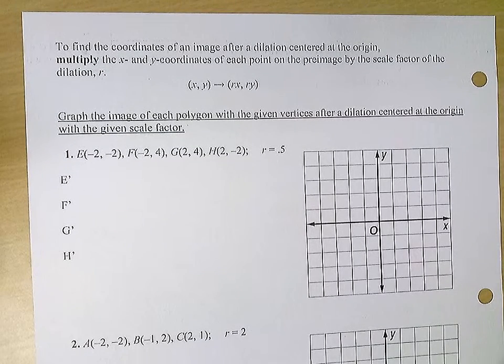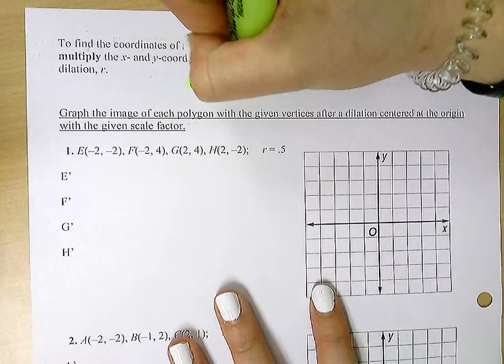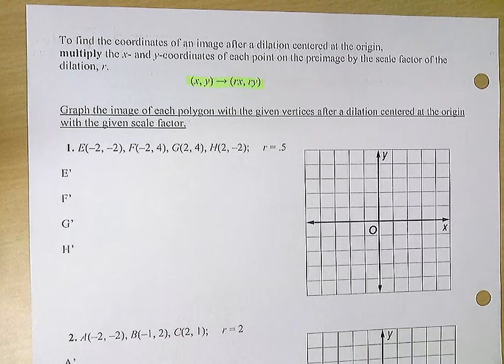All right, so then on the back, to find the coordinates of an image after a dilation centered at the origin, multiply the x and y coordinates of each point on the pre-image by the scale factor of the dilation r. So just like with rotations, we have this rule to change our coordinates.